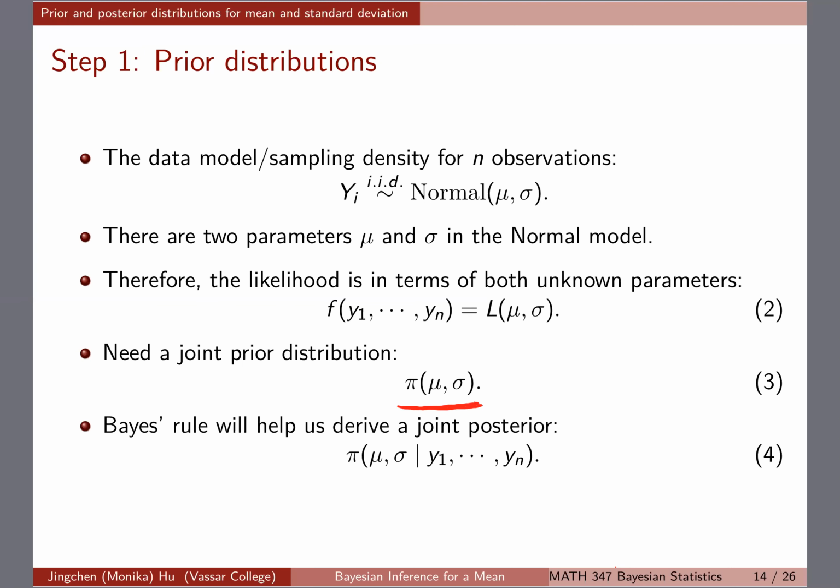We don't know what it is now, but because mu and sigma are both unknown, we try to incorporate prior information and give a joint prior. Then we can use Bayes' rule to get the joint posterior. Notice the notation: you start with the likelihood, both unknown here, then the joint prior, which we don't know yet but have to write carefully and correctly, and then the joint posterior is the conditional distribution of mu and sigma together given the data. This is the general setup.